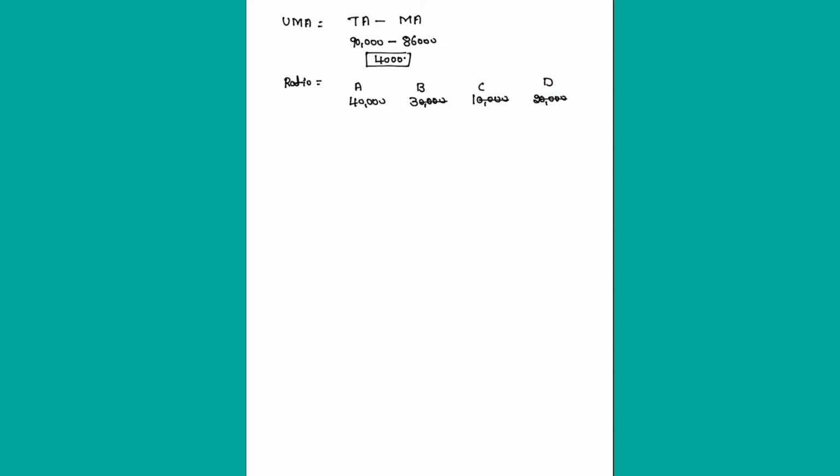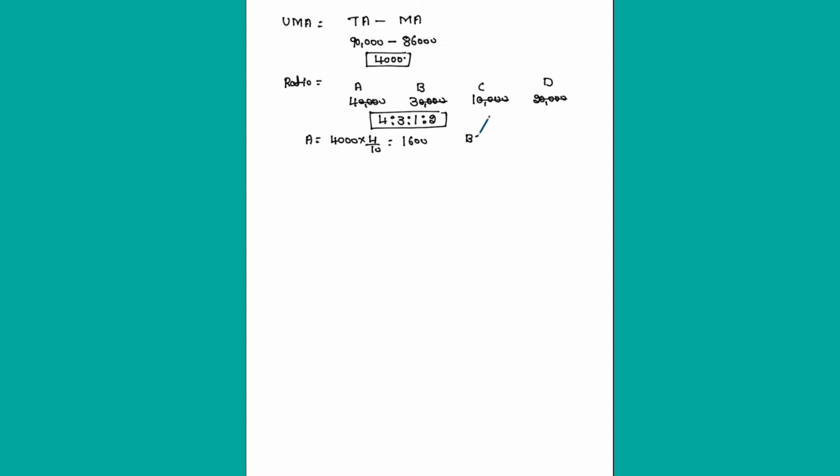Cancelling the zeros, 4:3:1:2 is the ratio. Based on this ratio, the unmarked applications we should distribute to A, B, C, D. A is equal to 4,000 into 4 by 10, 1,600.